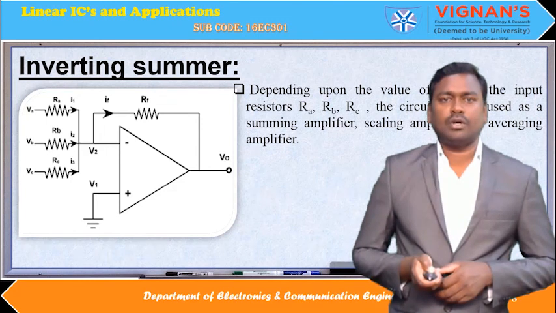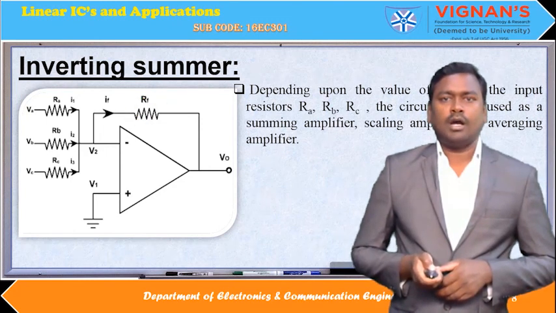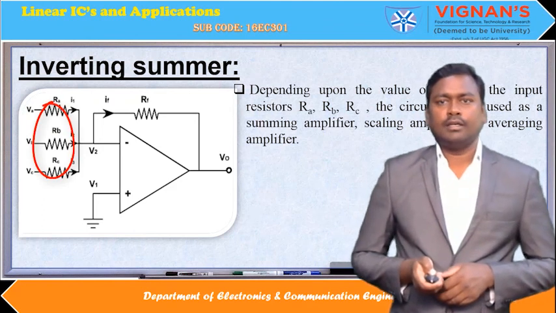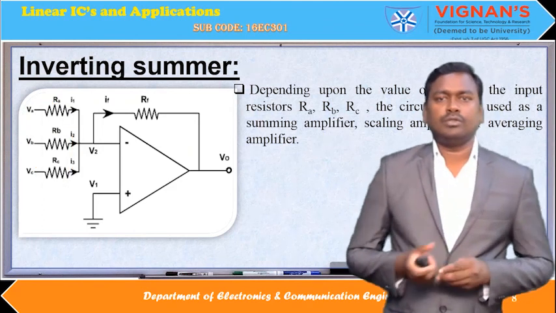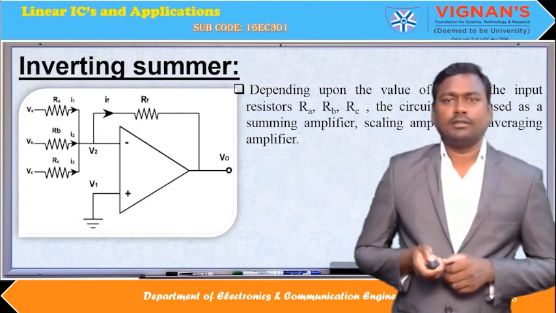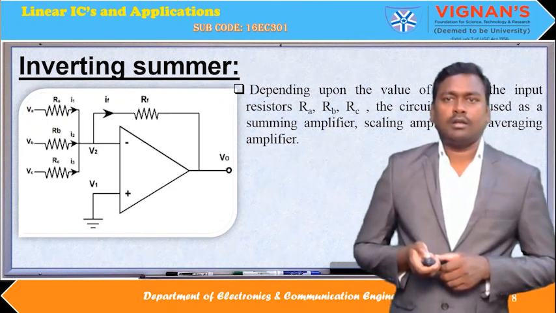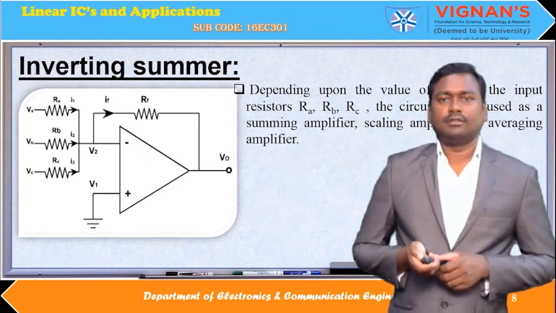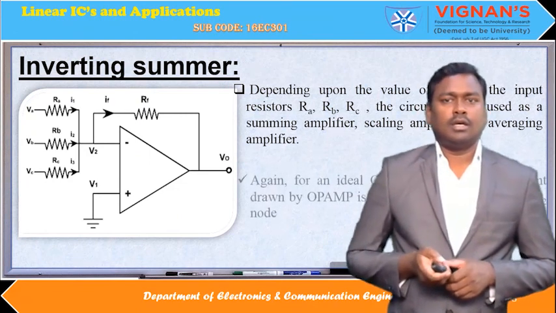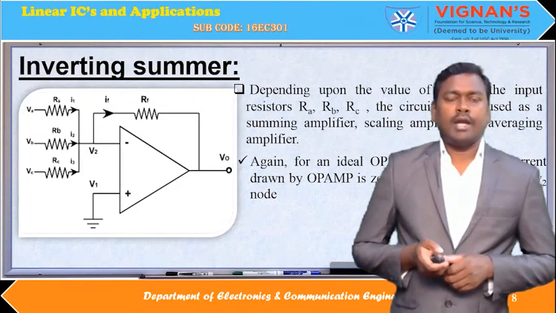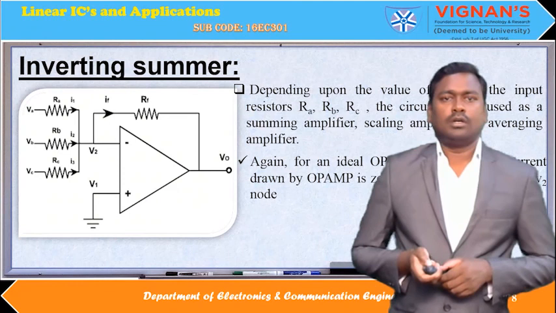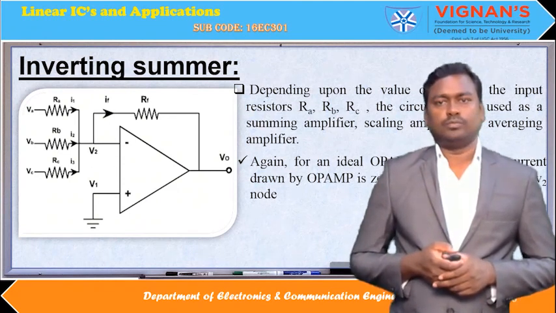Depending upon the values of RF and the input resistors RA, RB and RC, the circuit can be used as a summing amplifier or scaling amplifier or averaging amplifier. As per ideal conditions of the op amp, V1 equal to V2 and the current drawn by the op amp is 0.